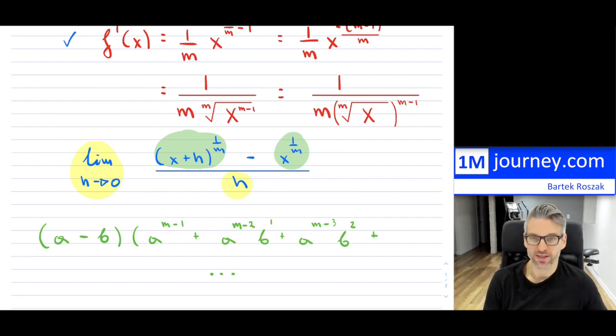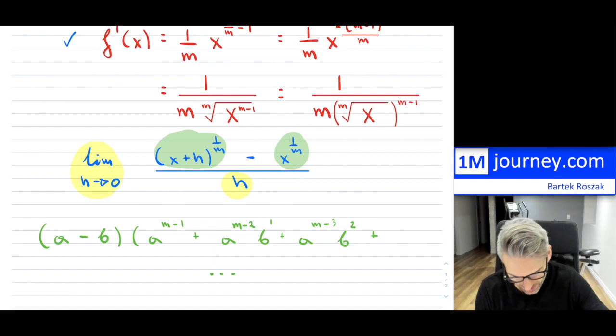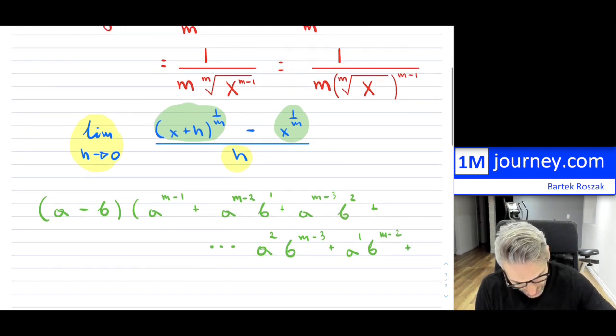Notice it's going m minus 1, m minus 2, m minus 3, and so on, all the way down to eventually a to the 2, and the powers of b go b to the 1, b to the 2, b to the 3, and so on. So we would have a to the 1, b to the m minus 2, plus, and then I'm running out of space here, b to the m minus 1, and I'll put the bracket as so.